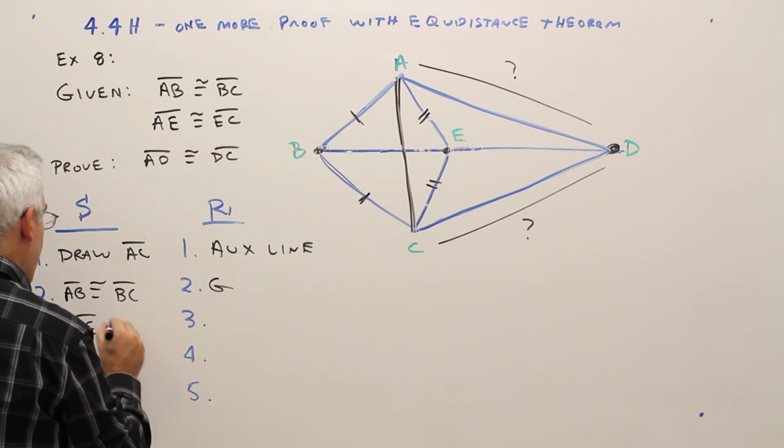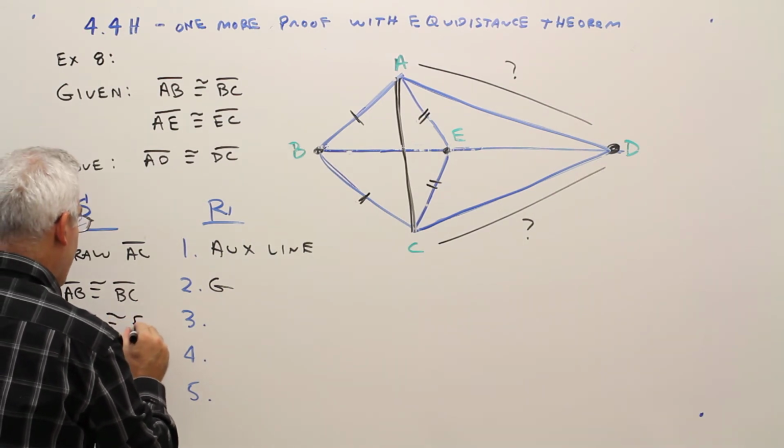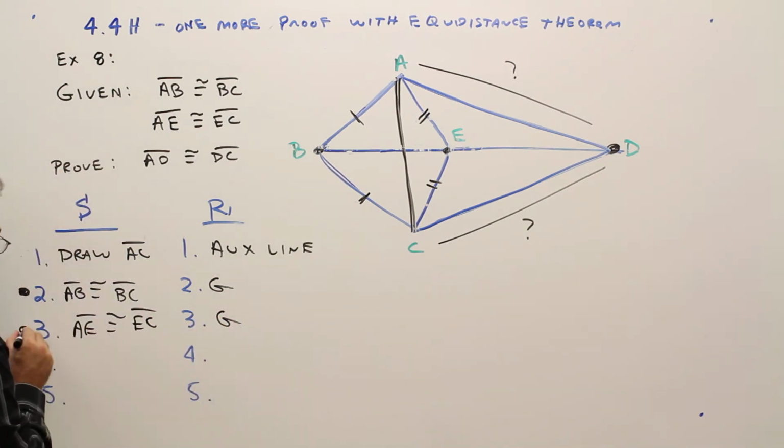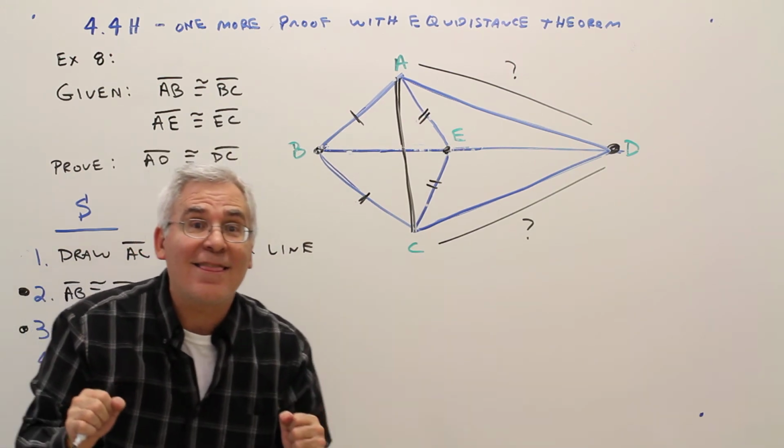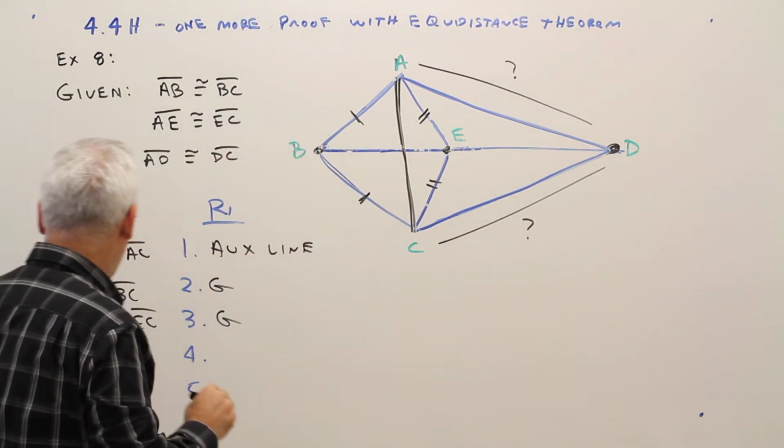AE is congruent to EC, that was given. That's another equidistant point. Once I get that, then I can go to perpendicular bisector.